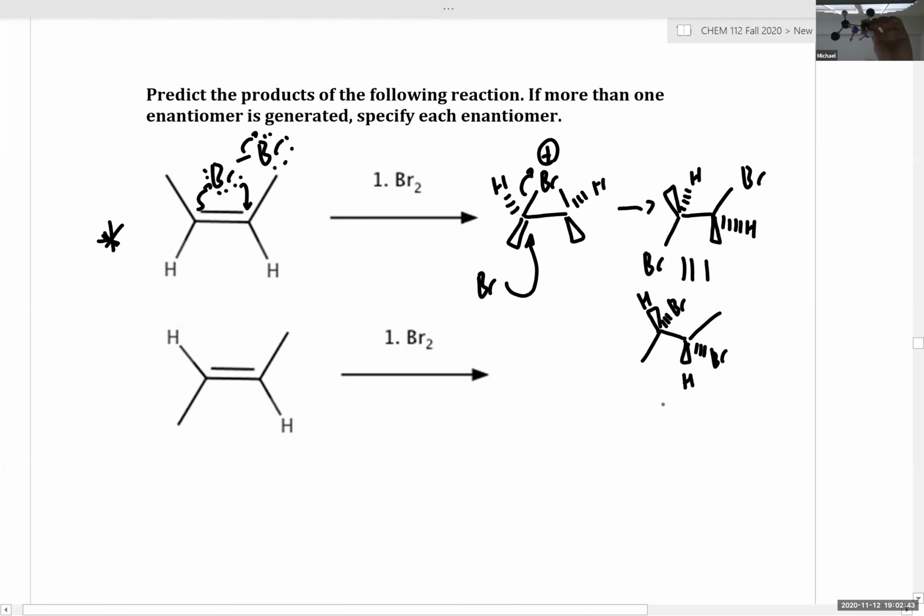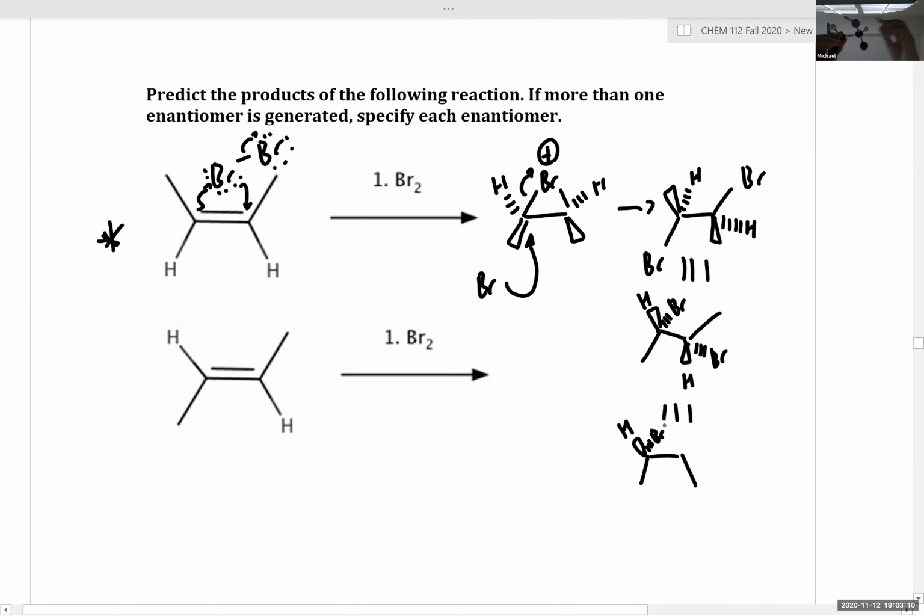And just to show you one more equivalent structure, if we rotate it so all of our carbons are drawn flat like so, we can show via rotation there are many ways to draw out this product. Looking on the left first, we see the hydrogens in front and the bromines in the back.